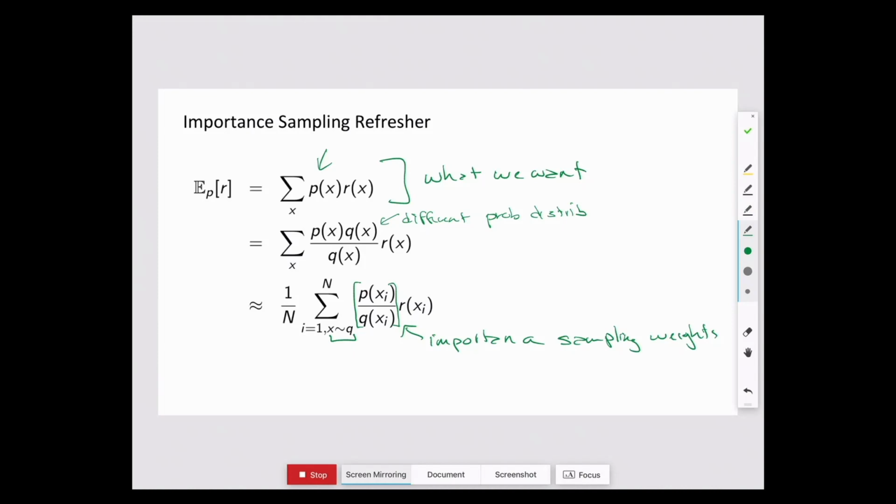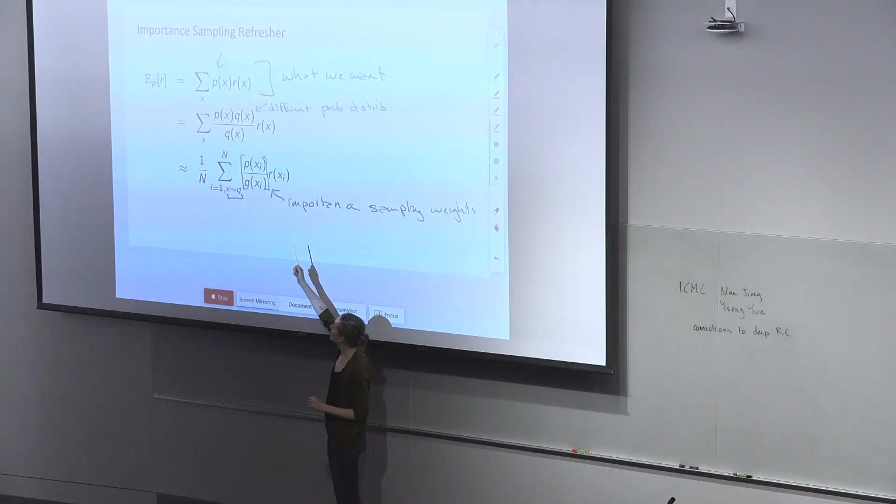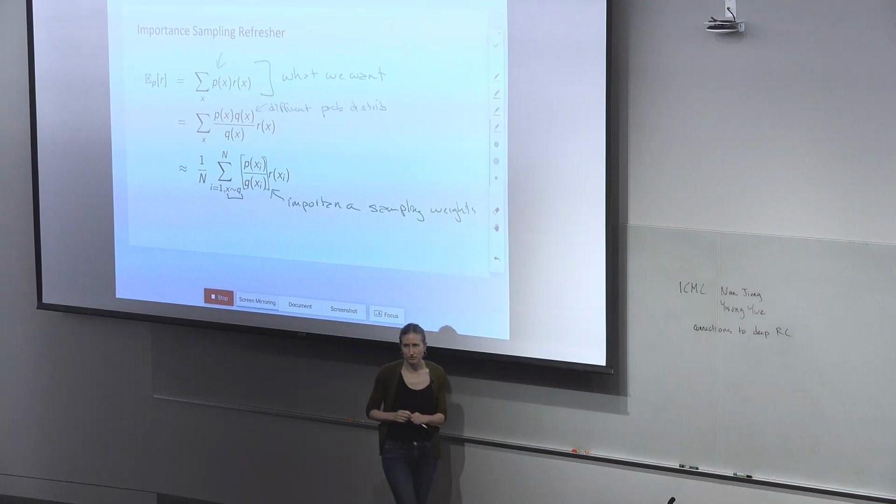We can always do that. We can always approximate things by a set of samples, but the cool thing here is we can approximate them by a set of samples that were gathered under a different distribution, and then we just reweigh them. And for each of those, we look at the ratio of the likelihood of selecting that point under our desired probability distribution compared to the one we sampled under.